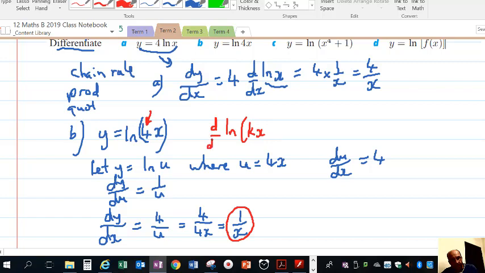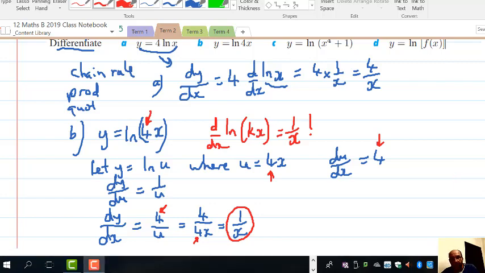The derivative of log kx equals 1 on x. You think about it, if you change that number to anything else there, all you'd have is it changed correspondingly there, which means it would change on there. However, it's cancelled by that one there, and you'll always have 1 on x. Fascinating. So that's an interesting one.